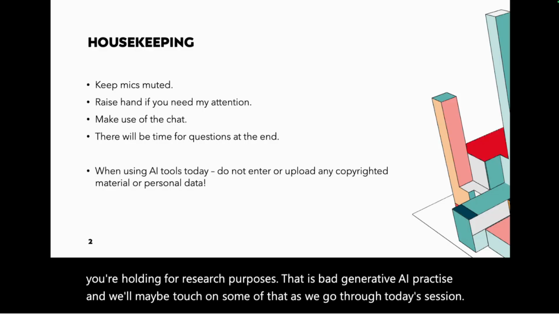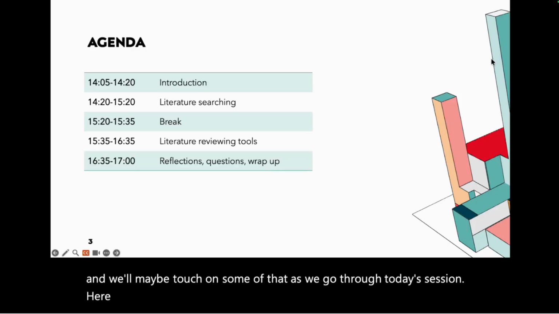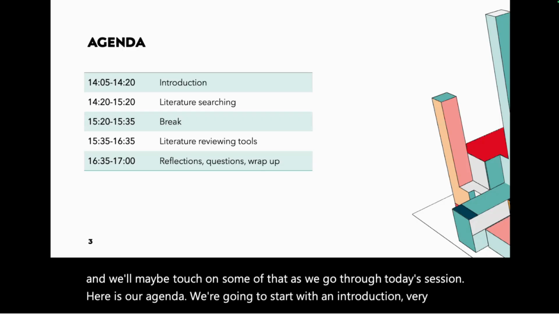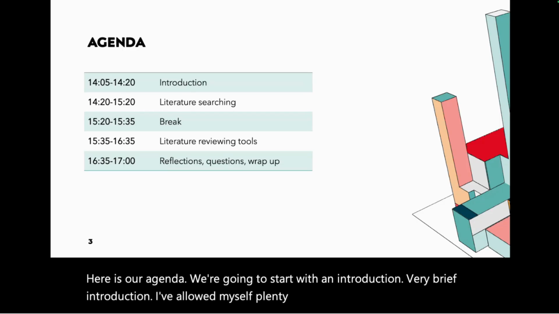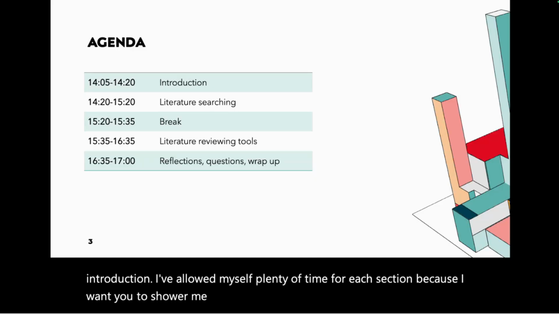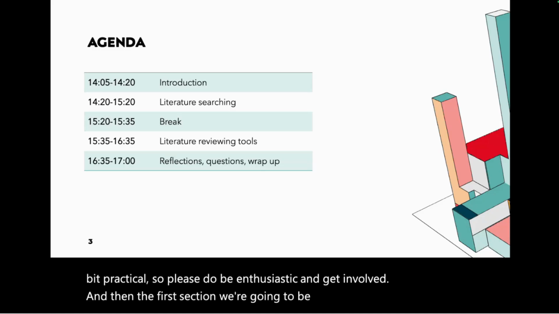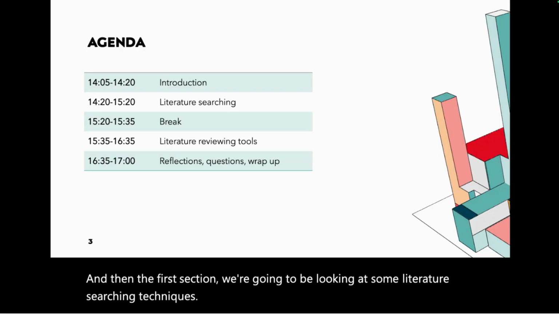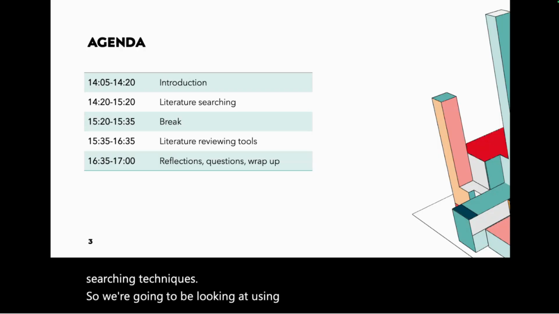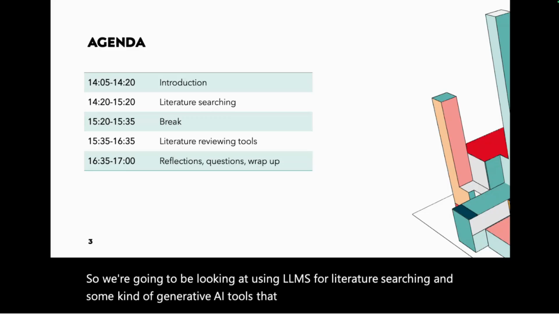So here is our agenda. We're going to start with a very brief introduction. I've allowed myself plenty of time for each section because I want you to shower me with questions. It's going to be a bit interactive, a bit practical, so please do be enthusiastic and get involved. The first section looks at literature searching techniques, using LLMs for literature searching and some generative AI tools that are specifically designed for literature searching.